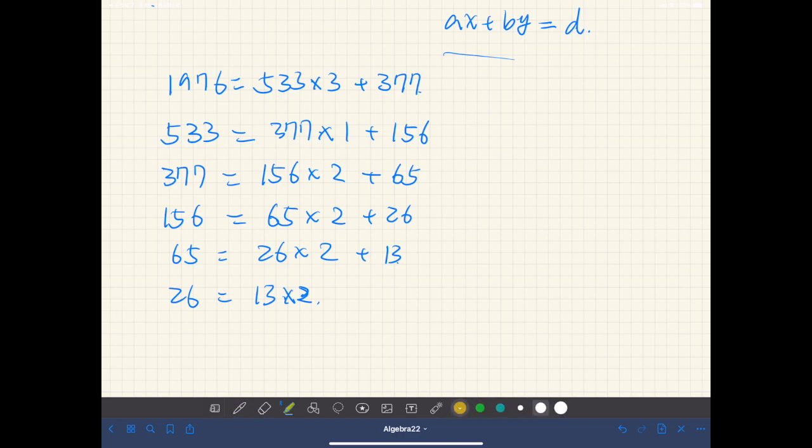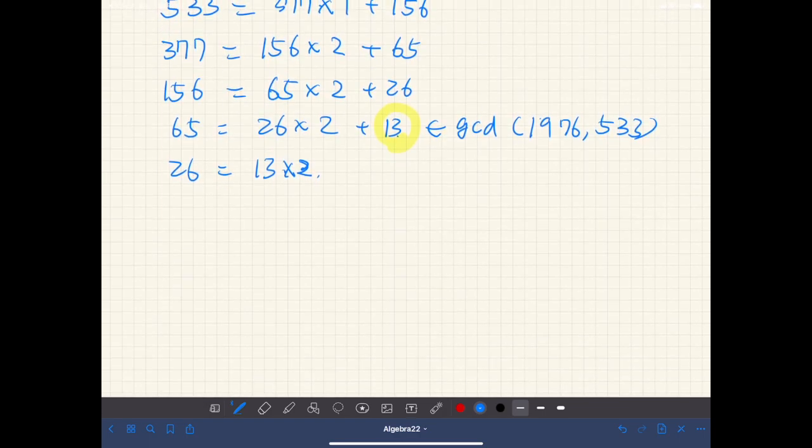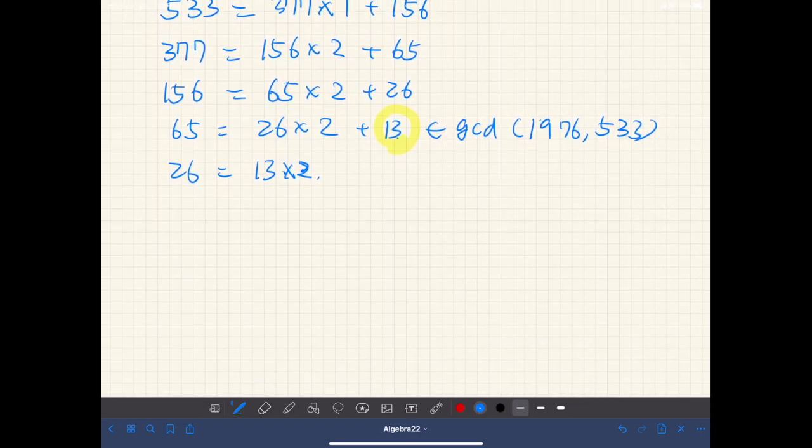Therefore, 13 is the greatest common divisor of 1976 and 533. So we are sure that there exist some integers that satisfy 1976x plus 533y equals 13.